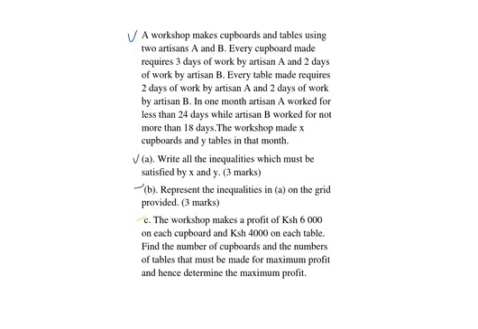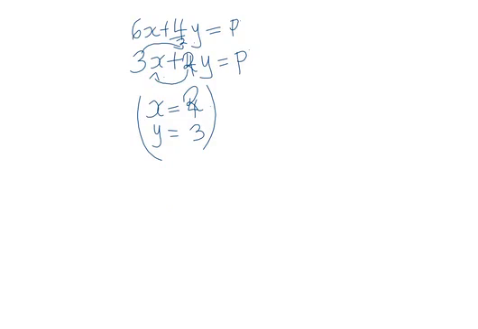We are told also to determine the maximum profit, so we substitute those values in our objective function, which is 3x plus 2y. So we've obtained our point as 5, 4.